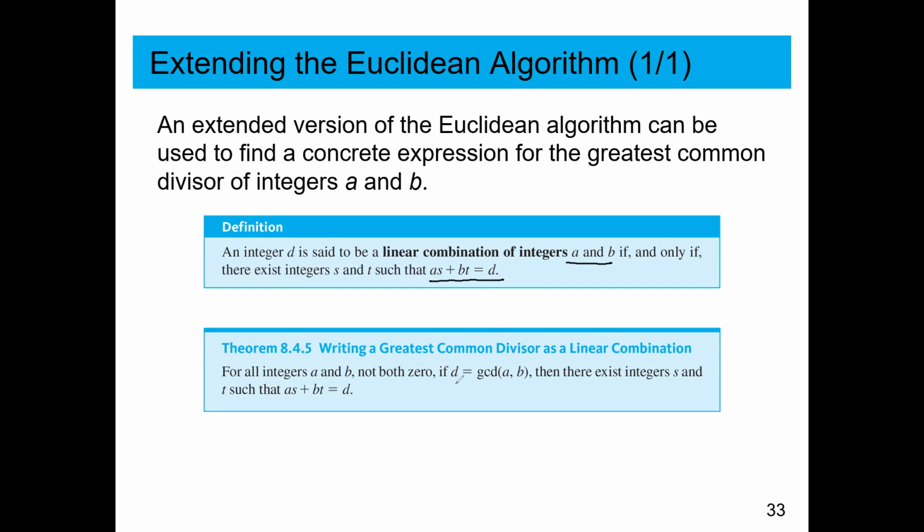Secondly, we need the greatest common divisor. If d is equal to the greatest common divisor of a and b, then this exists. And in fact, if d is a multiple of the greatest common divisor, then this exists.